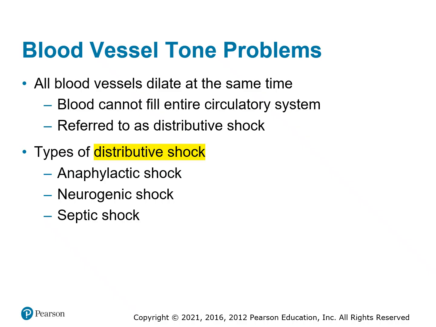One way to think of it: all these things, anaphylaxis, neurogenic, and sepsis, are distributed throughout the whole body. Our nerves are throughout the whole body. Anaphylaxis is happening throughout the whole body. Sepsis is happening throughout the whole body. So it might help you to remember distributive shock as something that's going on through the whole body.